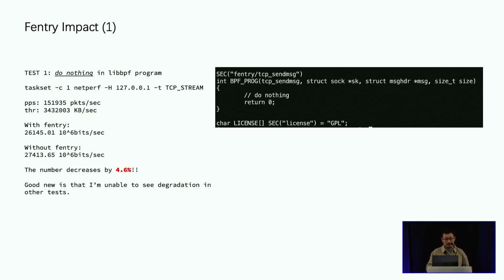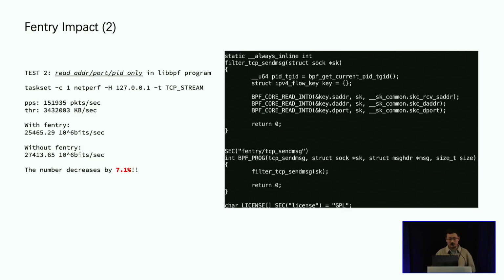So it cannot be neglected in production. And if you try to compare the 4-tuple, something like that, you load the socket address or socket port, it will increase this number to 7.1%.